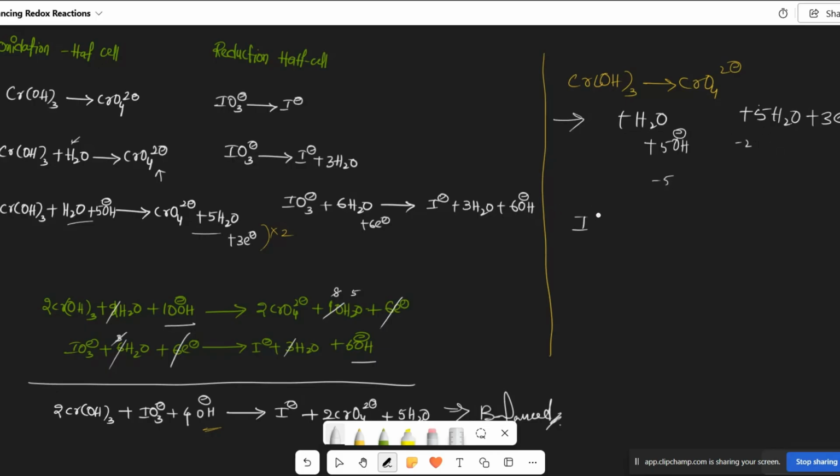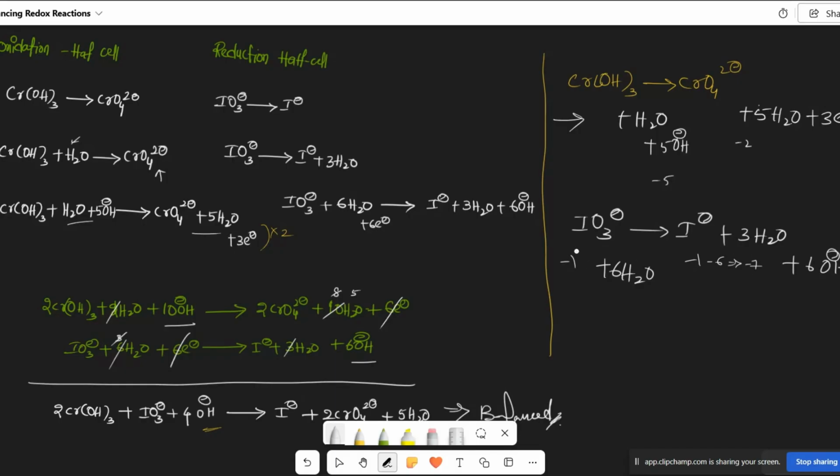And one more reaction, IO3 negative to I negative. Iodine is balanced already, so you don't need to think about that. Here oxygen is 3, so you add 3H2O over here. Then after, six hydrogens are there, so six water molecules you need to add on the opposite side, and at the same time six OH negative on the opposite side. And if you see the charges, here minus one, there minus one and minus six, total minus seven.